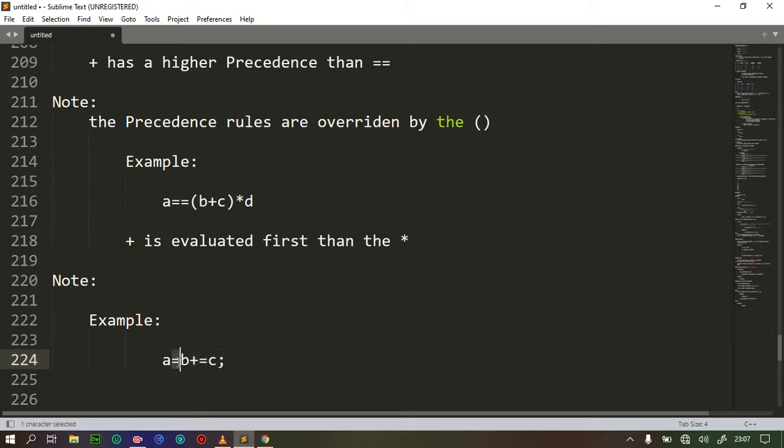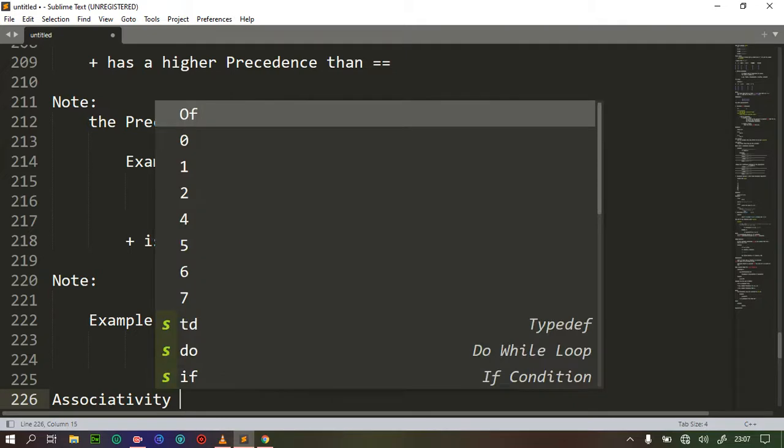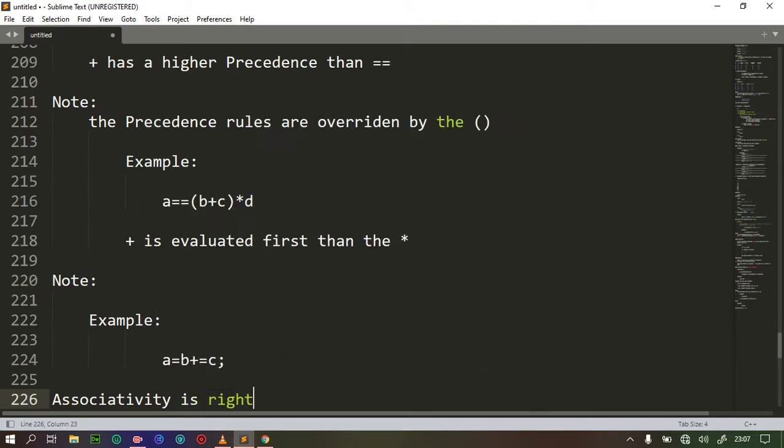This is of course assignment. So then what is going to happen here? The evaluation order is right to left. So associativity is right to left. Okay, that is the evaluation order.